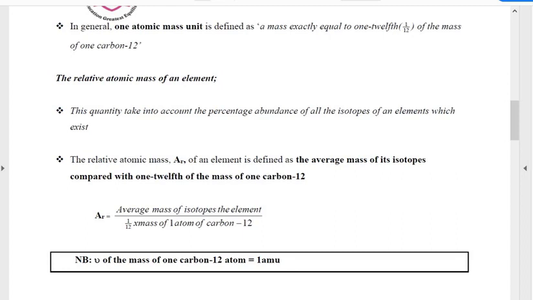Let's use carbon. The carbon atom has a mass of 12. And if that mass of 12 represents 12 atomic mass units, 12 AMU, then if something has a mass of 1, it means it's equal to 1/12.